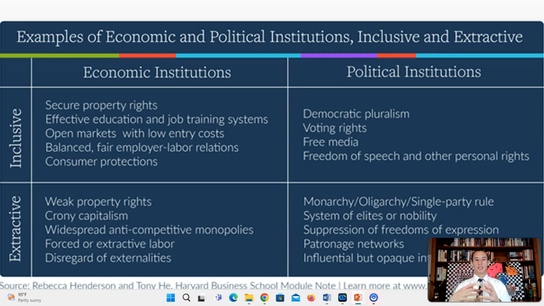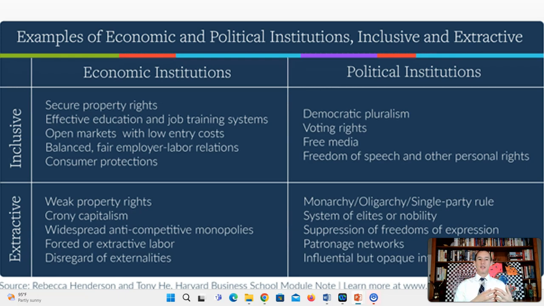When I say extractive, again, it means a monarchy, oligarchy, party, or a religion that is extracting the wealth from the majority of the population. In order to do that, they obviously cannot let the population vote. They cannot let the population have rights.